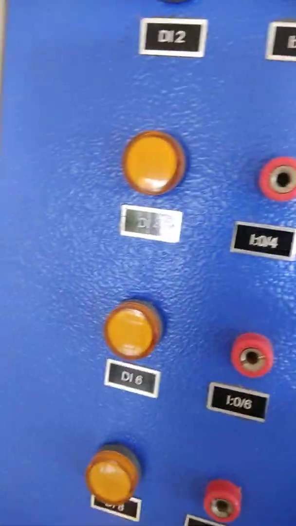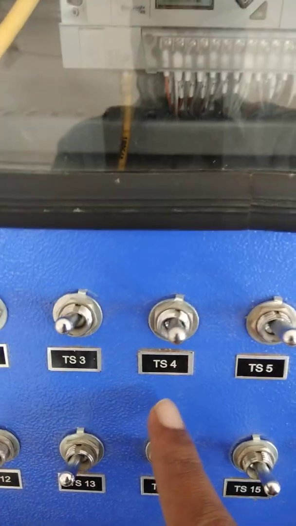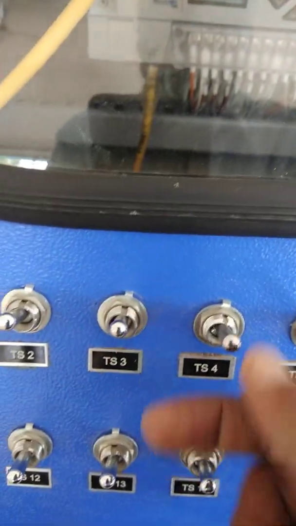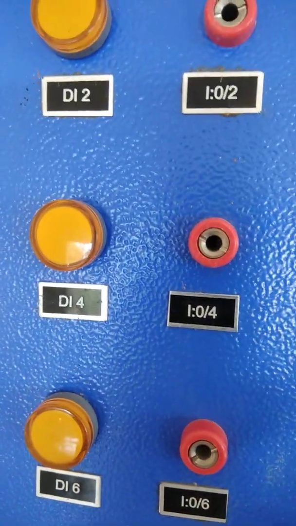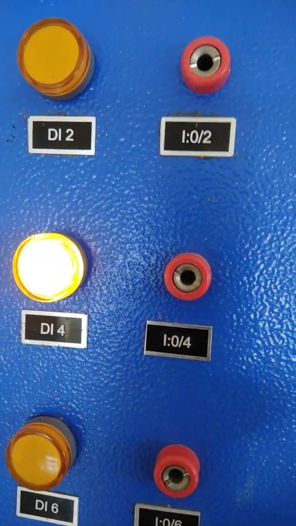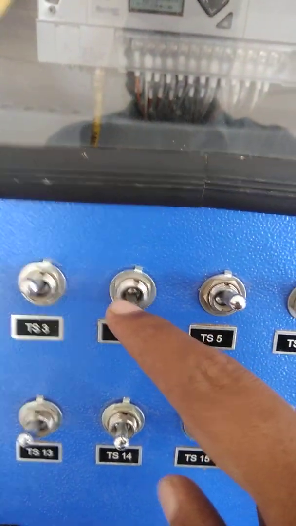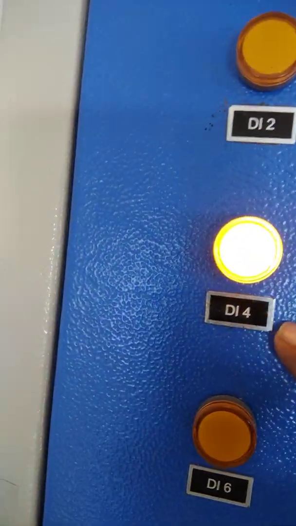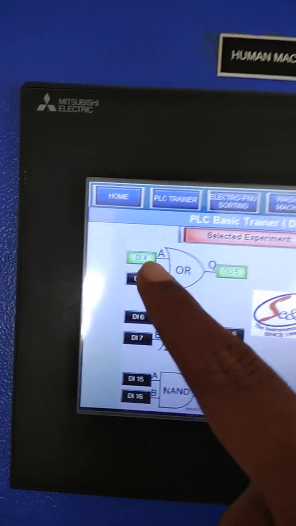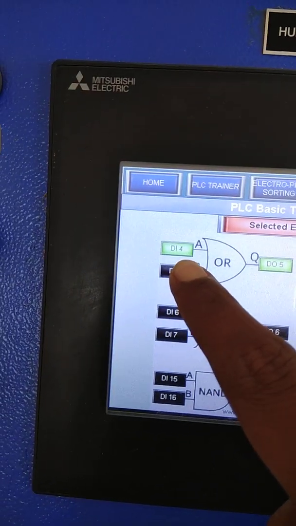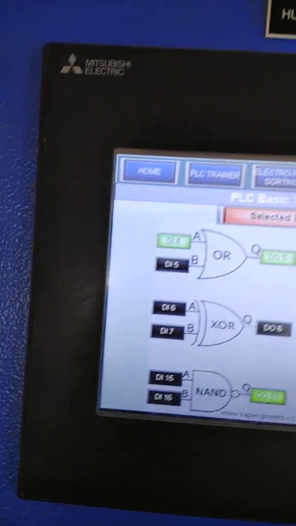For example, consider this toggle key number 4. Now it is in off condition, so DI4 is also off. Now I turn on this toggle key number 4, logic 1. So this LED is on and green color light is indicated at the input side.